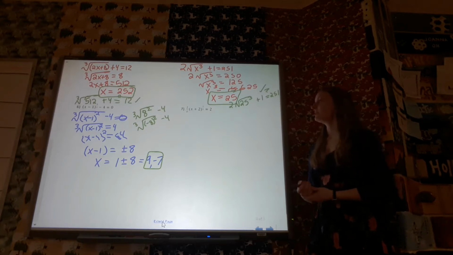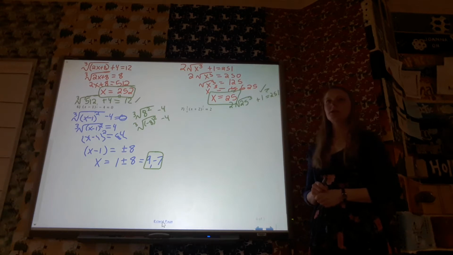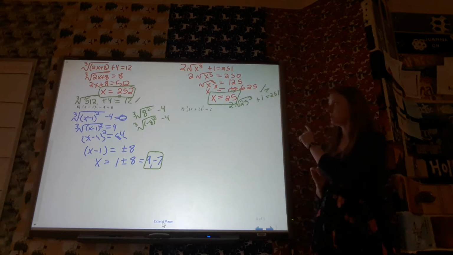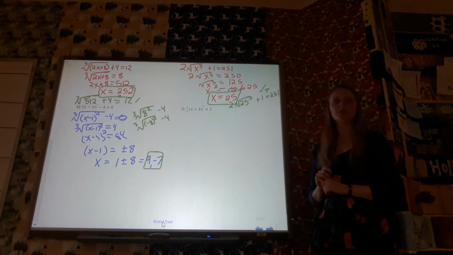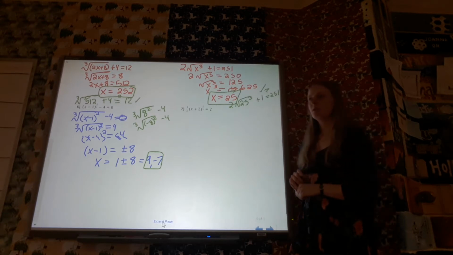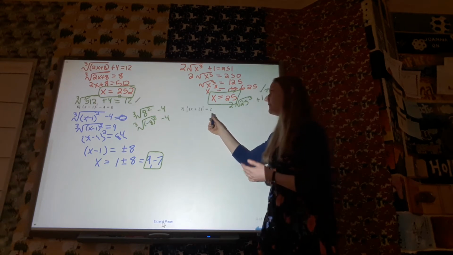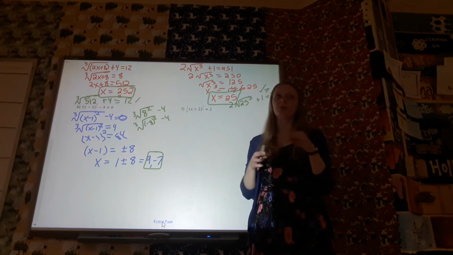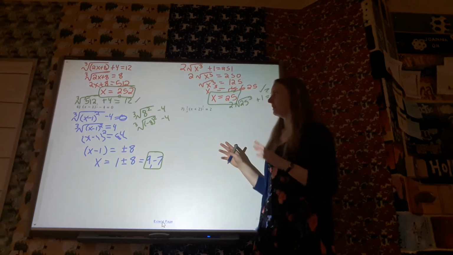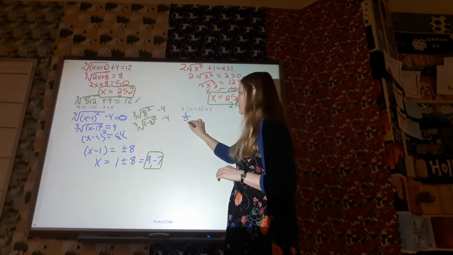You could do that first if you wanted to, but essentially, I need to fundamentally change how this is written. Change this to a radical first. That's what I personally like to do, the conversion first before I try to do any algebra, because then things might get lost.